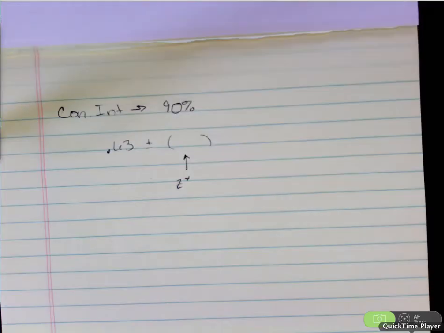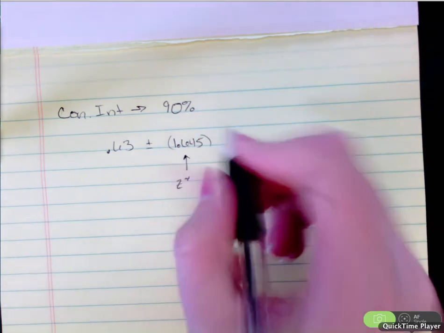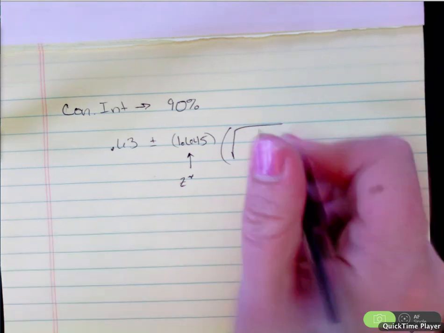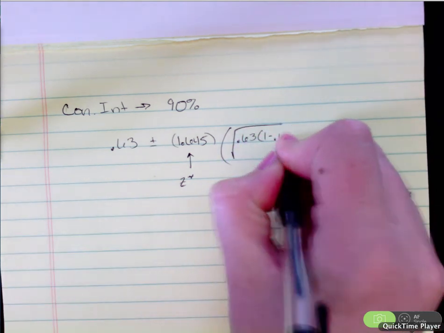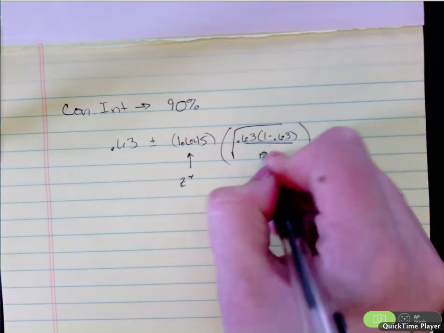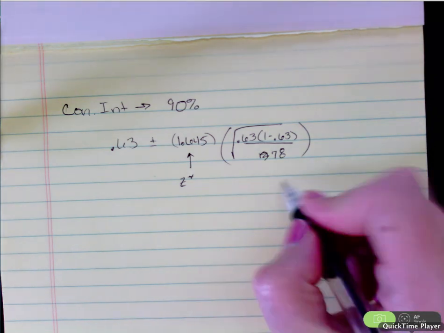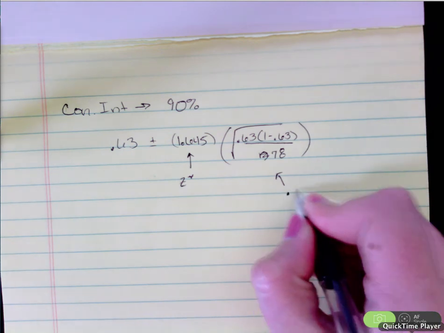That goes in as my critical value, and our standard error, again, is the square root of 0.63 times 1 minus 0.63 over n, which is 78, which from the last problem I found to be 0.055.